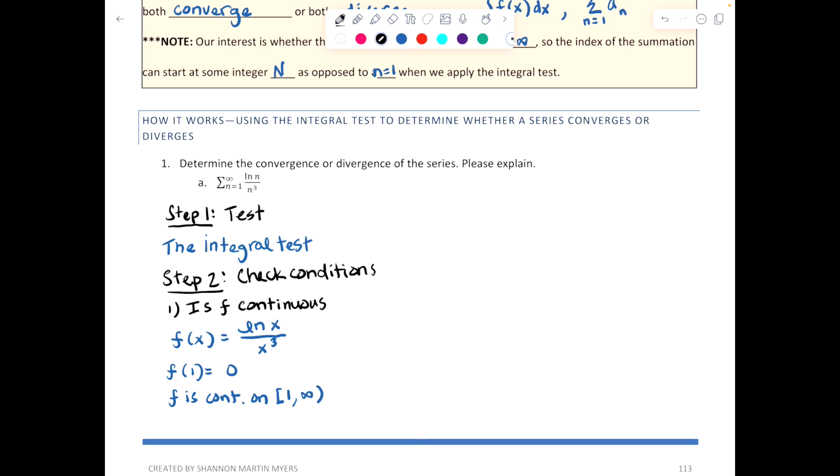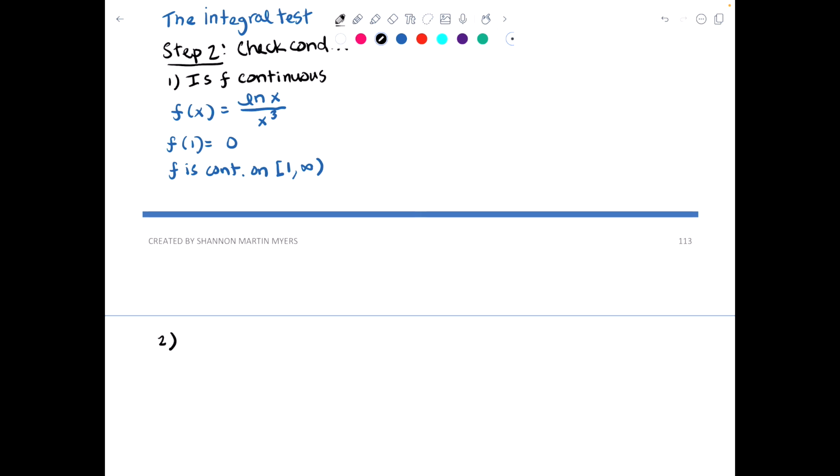Now our next condition, 2, is f greater than 0 for x greater than or equal to 1. So we just saw that f at 1 was equal to 0, right? So let's take a look. The numerator is what we're concerned with, because for positive numbers, the denominator will be positive.